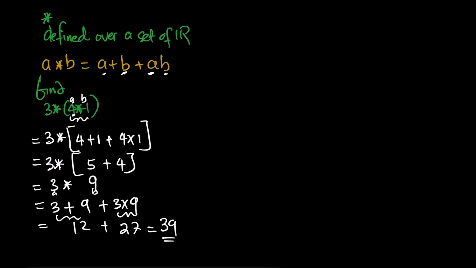For something to be associative, we have to follow a certain formula. That formula says that A star B star C should be the same as A star B, in parentheses, star C.